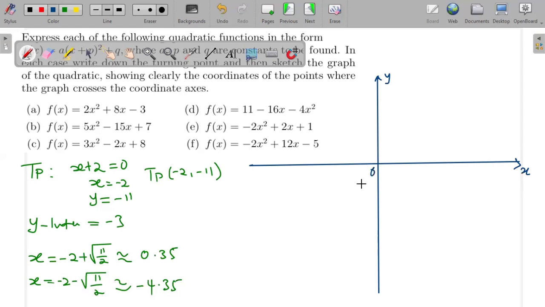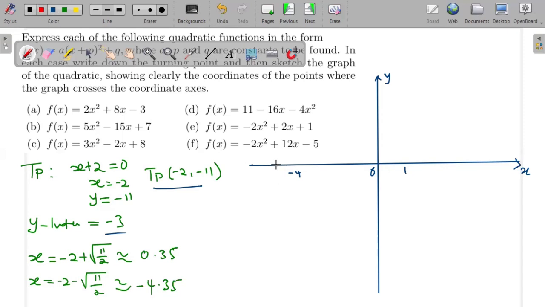Okay, there I have a 0. So our turning point is this, y-intercept, x-intercepts. So x-intercept, okay, this is 0.3. So 0.3 will actually be before 1, right? So if my 1 is somewhere here, my 0.3 can be somewhere there. And then here, we're going all the way to minus 4 point something. So if this is minus 4, minus 4.35 is somewhere after here.